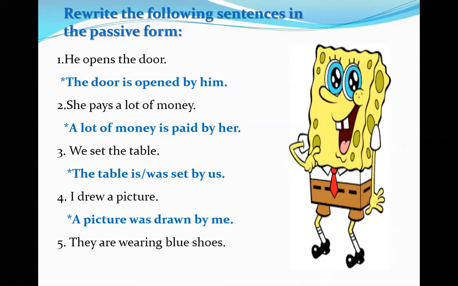The past participle of wear is worn. So blue shoes are being worn by. They will be at the end. Them. Perfect. Thank you, dear. Blue shoes are being worn by them.